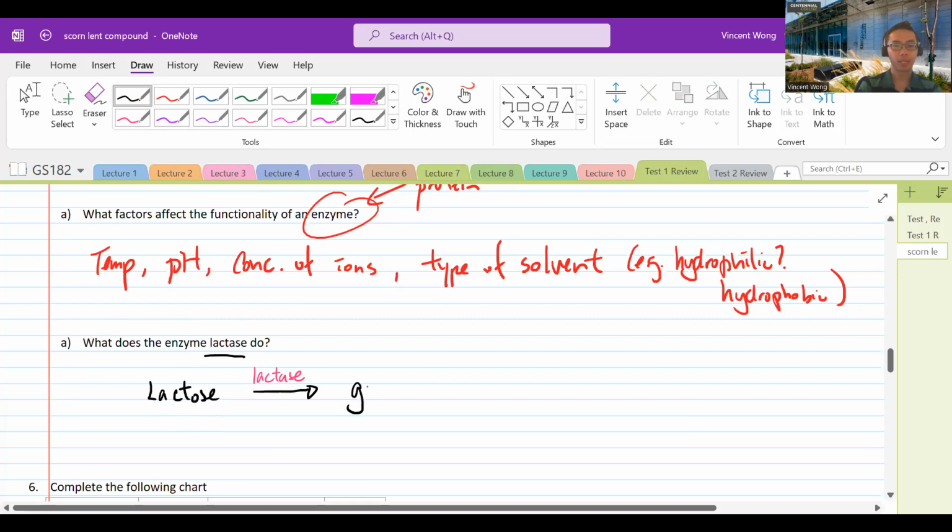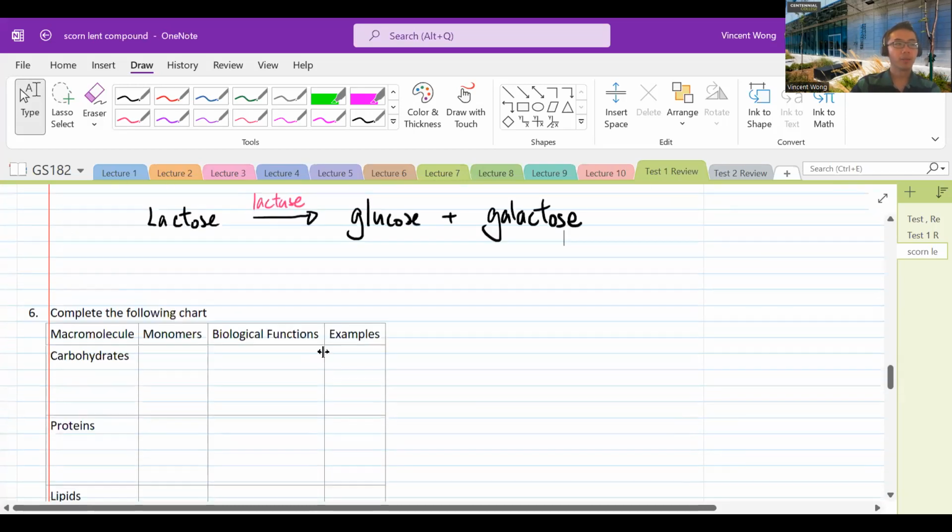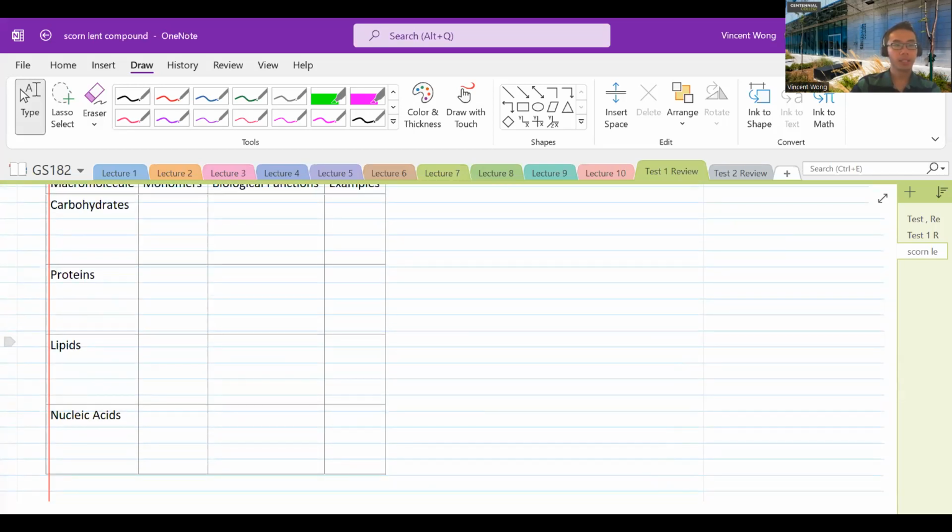That's absolutely correct. Thank you. So it will break down into glucose plus galactose. These are monosaccharides, and lactose is a disaccharide. You should know the other ones as well: there's maltose, and sucrose, sorry. Make sure you know what makes up what. Okay, great.